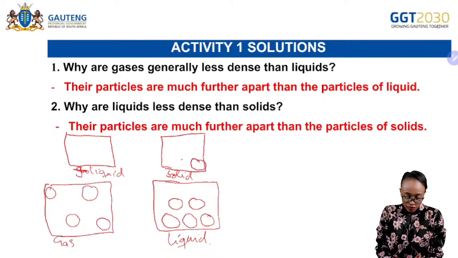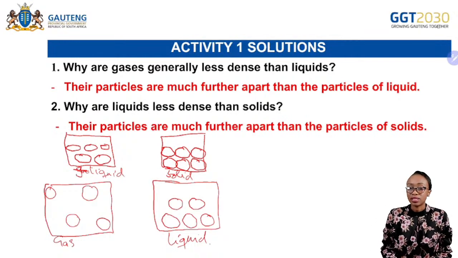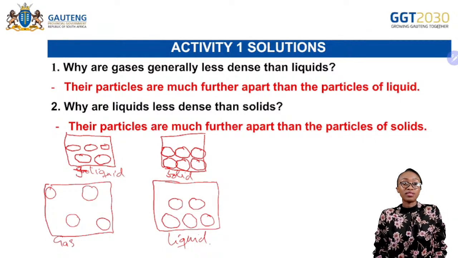If this was a solid, the particles would be packed in such that there is no space. And if this was a liquid, there would be some space in between the particles. So that's where the density differs.